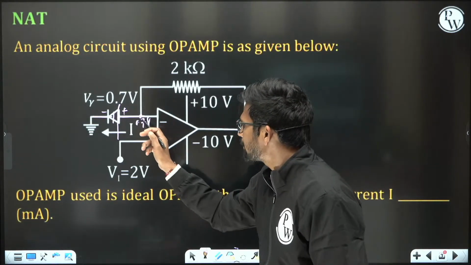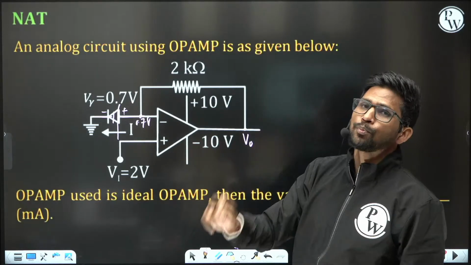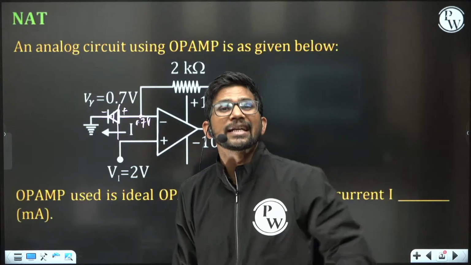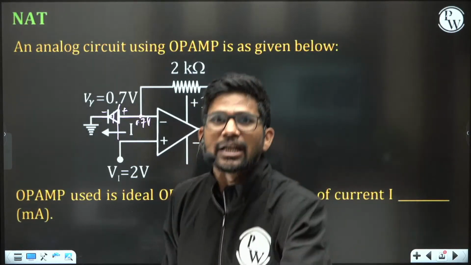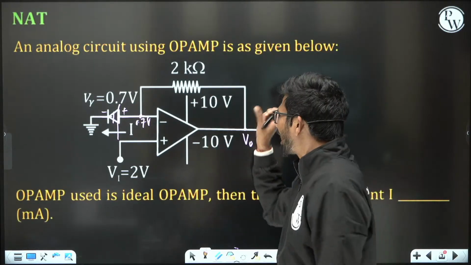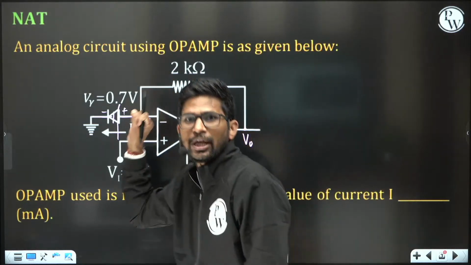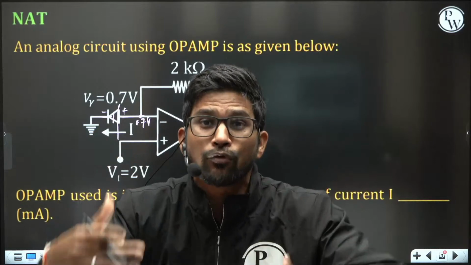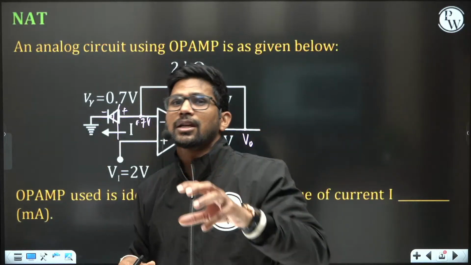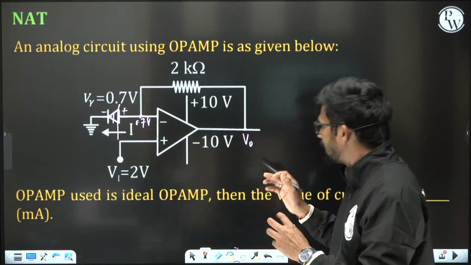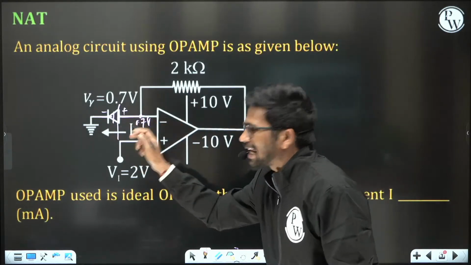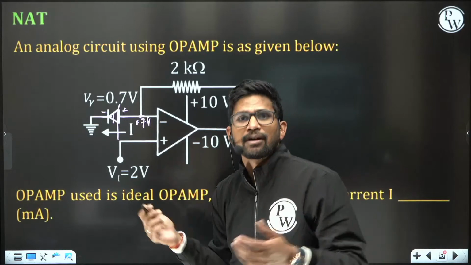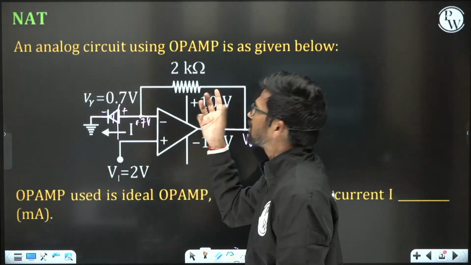If the negative terminal voltage is a function of the output voltage, then only it is called negative feedback. Only a connection cannot make it negative feedback, because you take a sample from the output and feed it back into the input. So if the negative terminal voltage is a function of the output voltage V0, then only I can say that negative feedback is connected. But here, as soon as the diode gets on, it fixes the voltage of the negative terminal at 0.7 volt. So this connection is worthless.